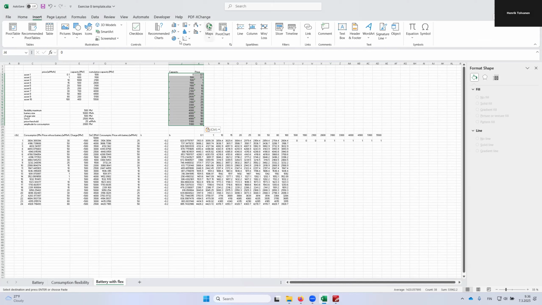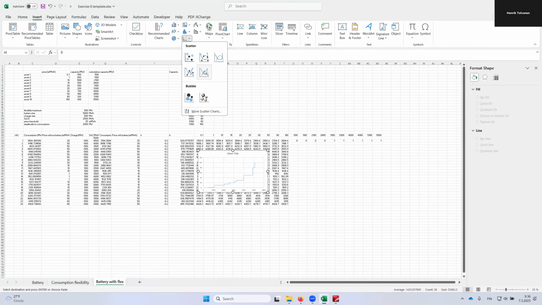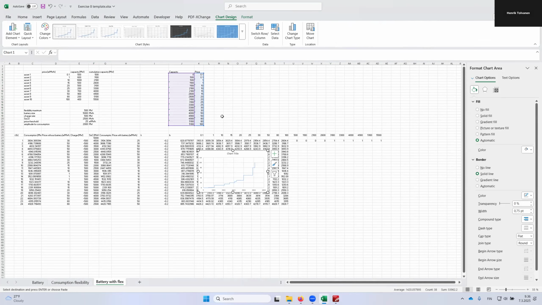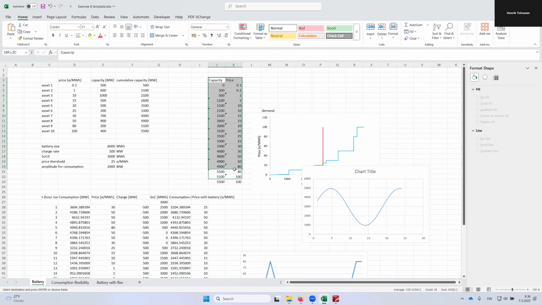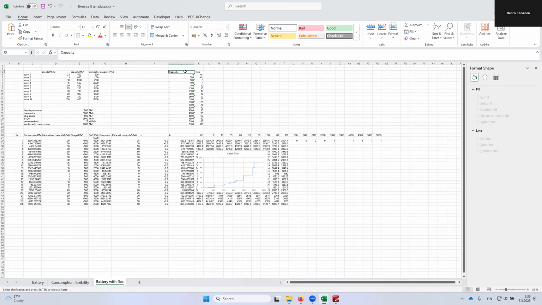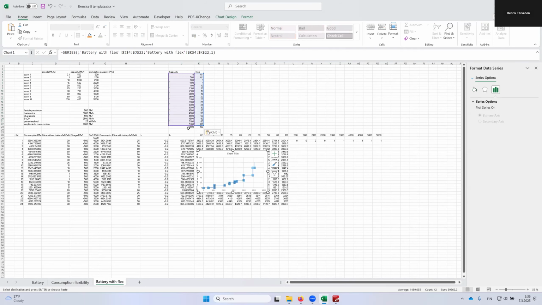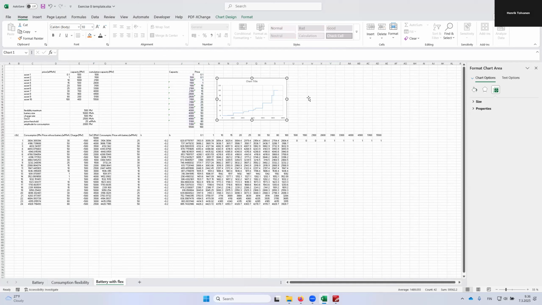So now we get the... I'm missing something from there. Yeah, missed one of these values from here. So there, now we have the merit order curve.